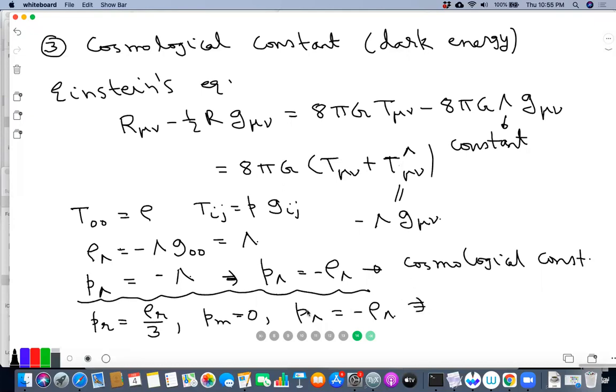This is the only component that we have introduced so far which has negative pressure. So this is where I'll stop today, and from tomorrow we'll take over using these equations. We'll substitute these into the Friedmann equation and the energy conservation equation and see what we can get from there.